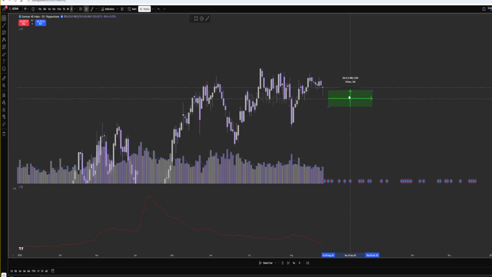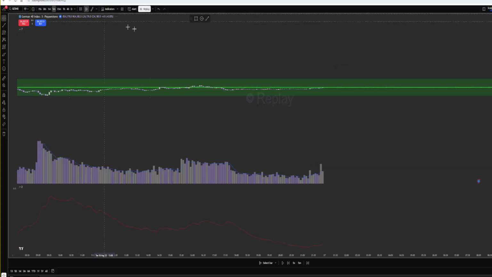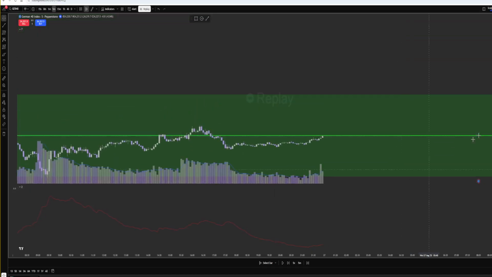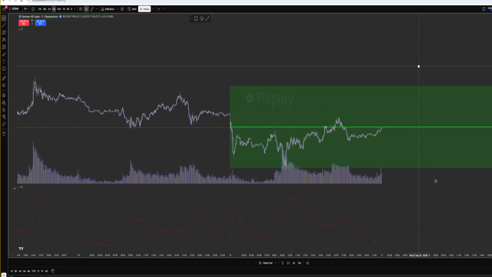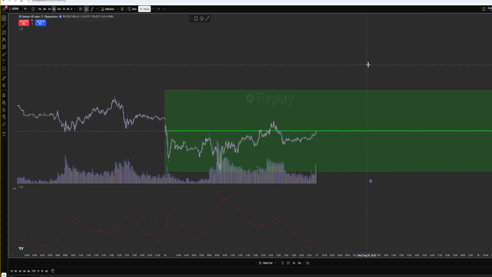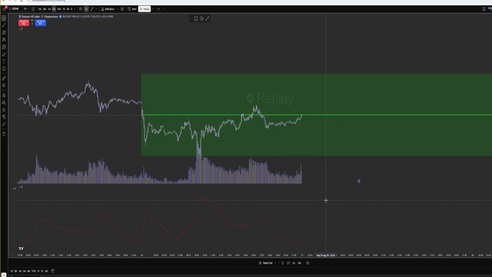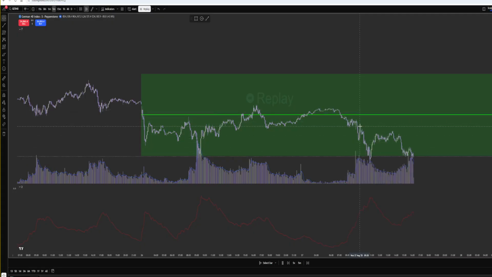Boom, this is our closing. Okay, and I'm not gonna draw any of the lines outside the box, but this should be the range for that trading day.